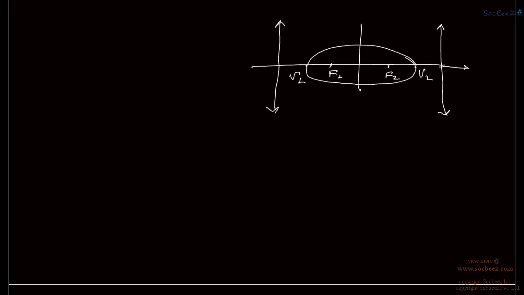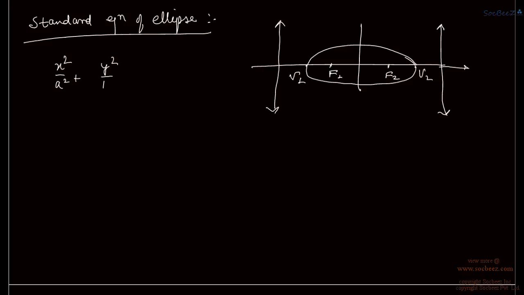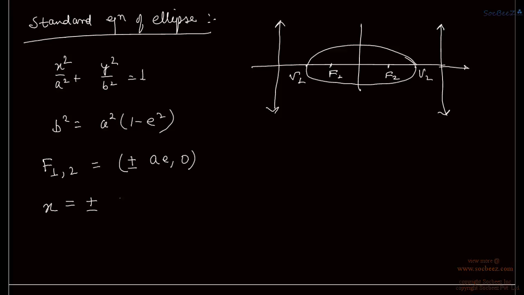V1 and V2 are these two vertices of ellipse. So standard equation of ellipse: x² upon a² plus y² upon b² is equal to 1, where b² is a² times 1 minus e², and focus is plus minus ae, 0, and directrix is x is equal to plus minus a upon e.